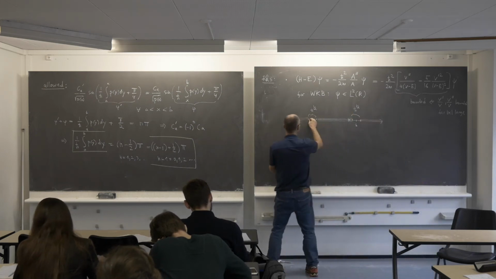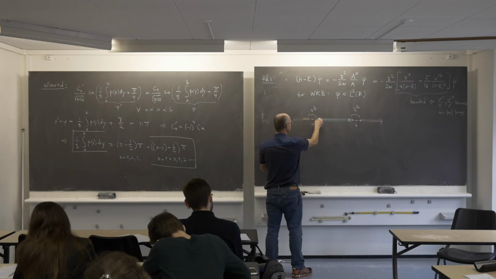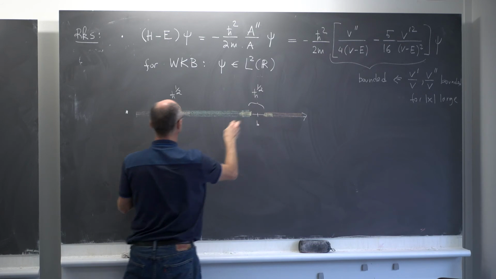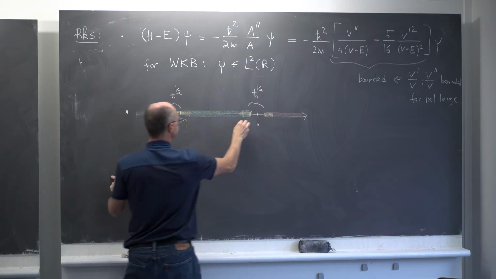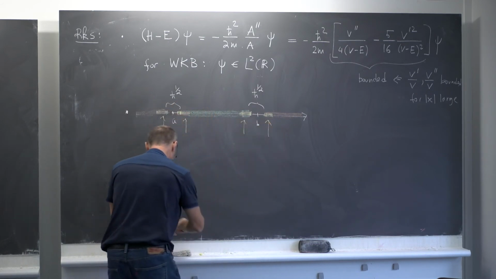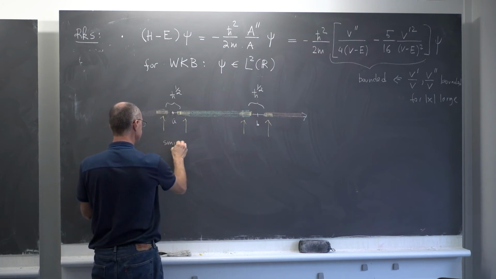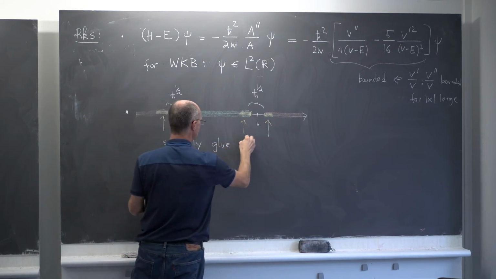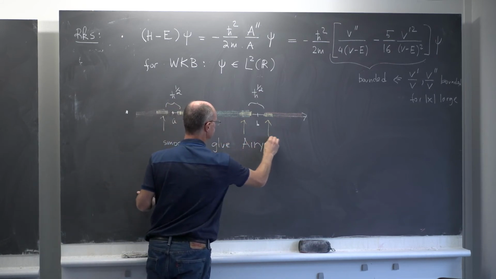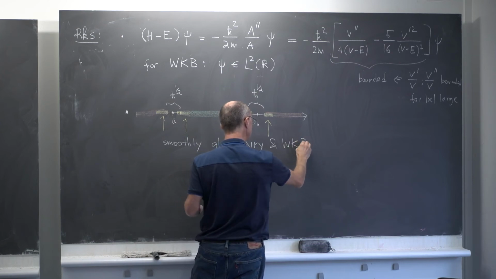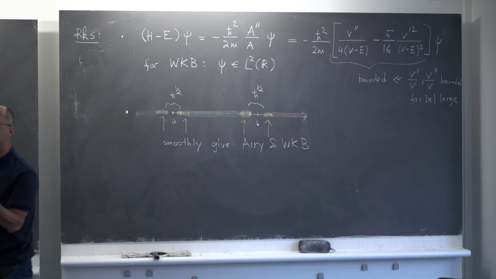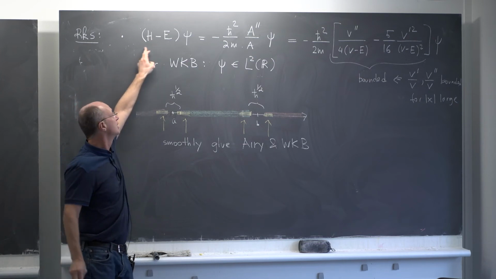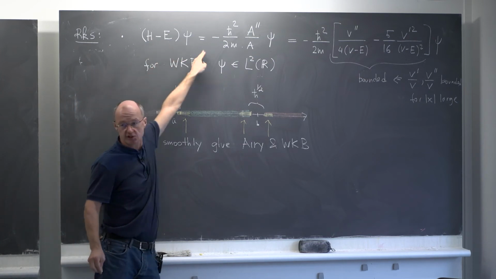So in reality, you have to introduce 4 more regions. And in those regions, you should smoothly glue Airy and WKB and estimate the L2 norm of the resulting function (H minus E) times psi.